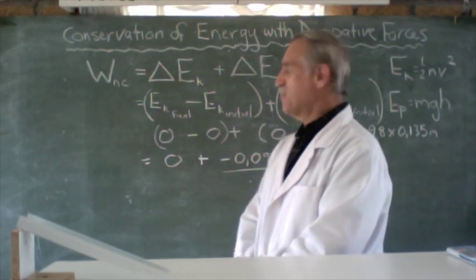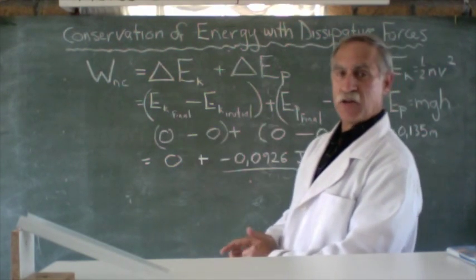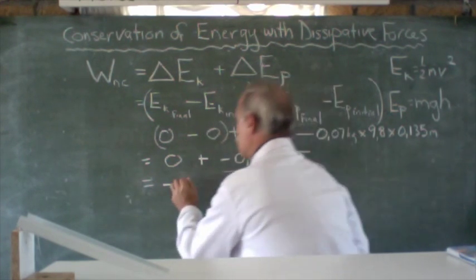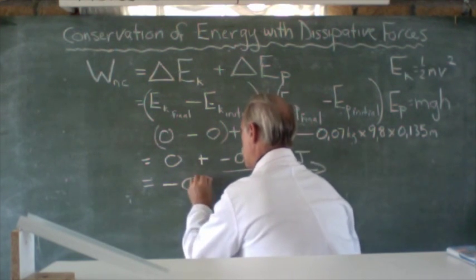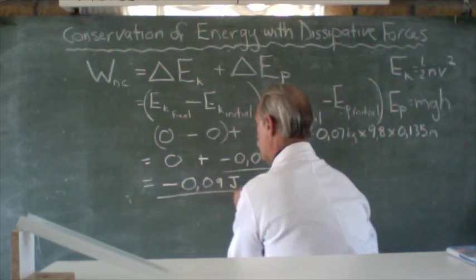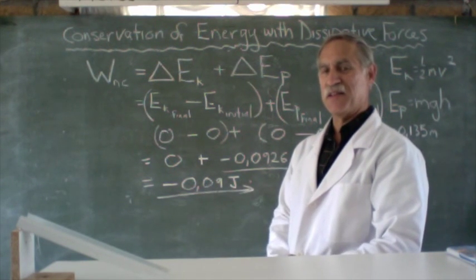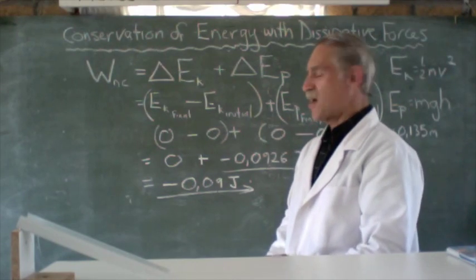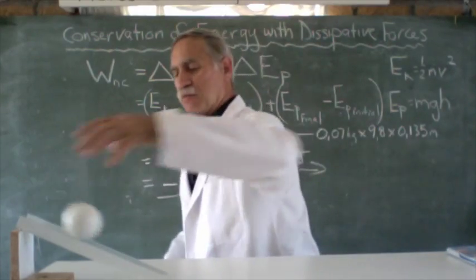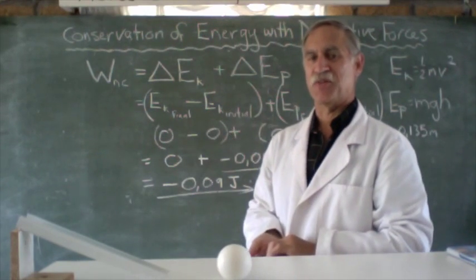In conclusion then, we see that our total work done by non-conservative forces is equal to minus 0.09 joules. All that the negative denotes is that the work is done in the opposite direction to what the ball is moving.